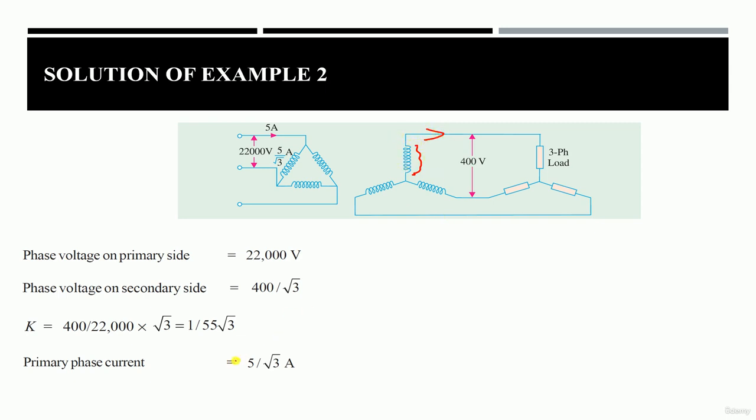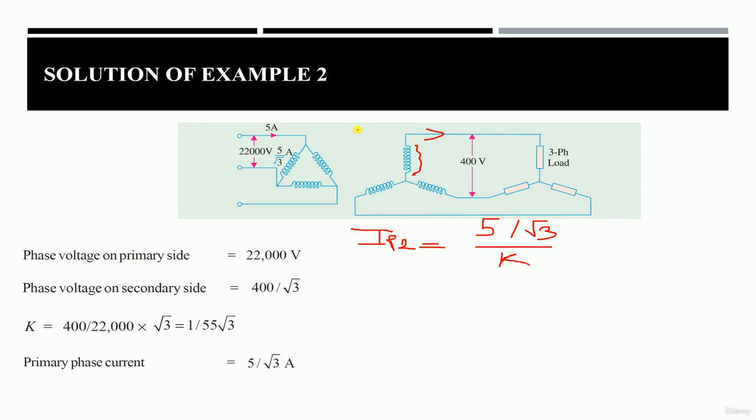So the secondary phase current, I phase 2, will be equal to the primary phase current, 5 divided by root 3, which is I phase 1, divided by the turns ratio K. Why?